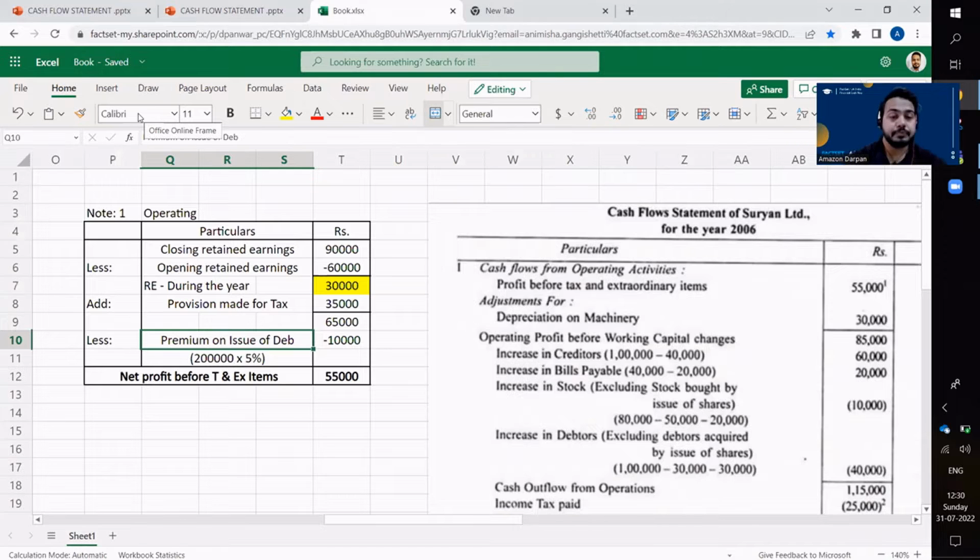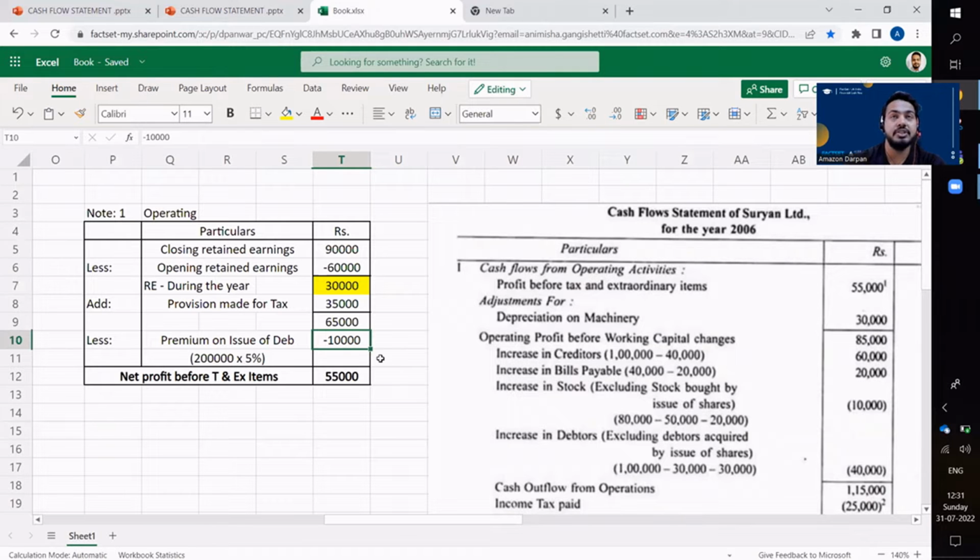Yeah, so premium on issue of debentures was at 5%, and the total amount was 2 lakh rupees. So 5% of 2 lakh would be 10,000 rupees. We received premium on issue of debentures.